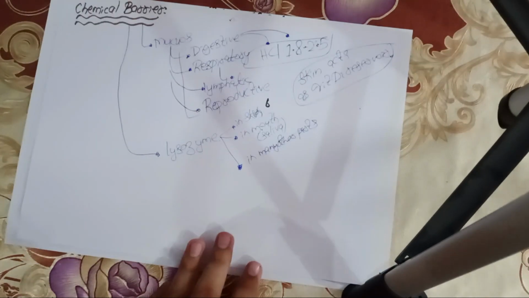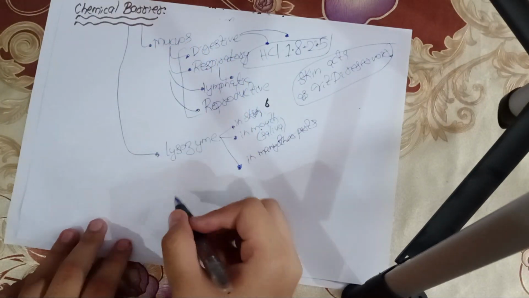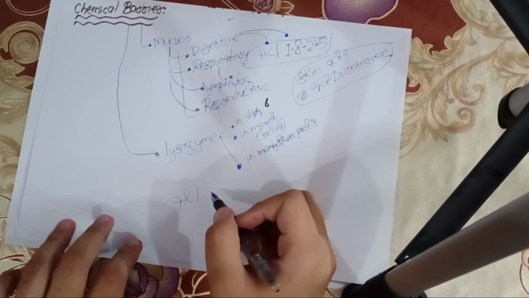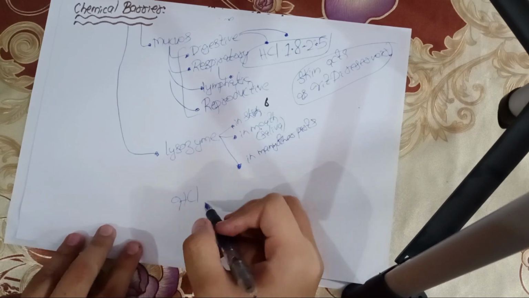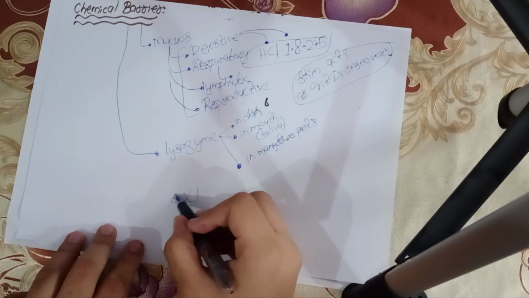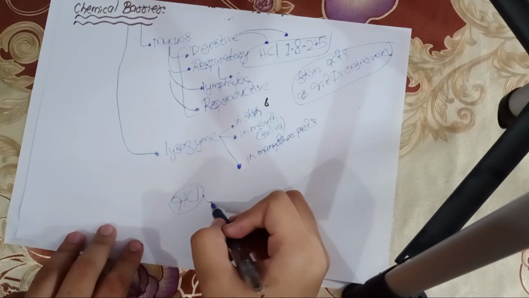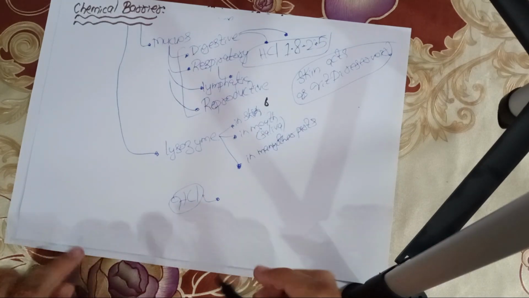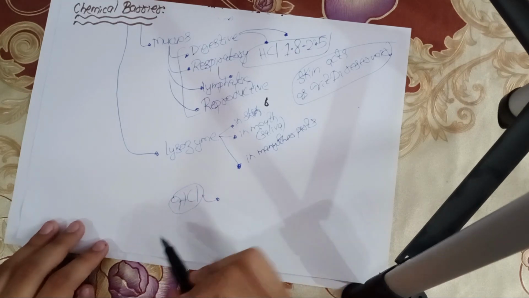Moreover, we have HCl, as previously discussed, which acts in the chemical barrier as well, as it has a very acidic pH and allows bacteria to be killed and denatured. So HCl is also included in the chemical barrier.